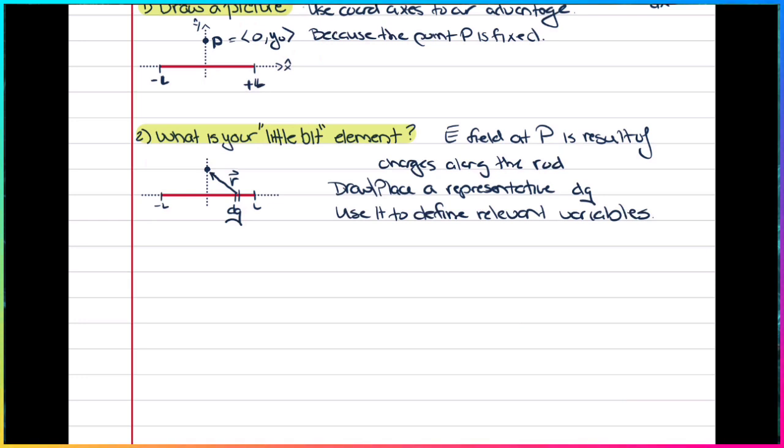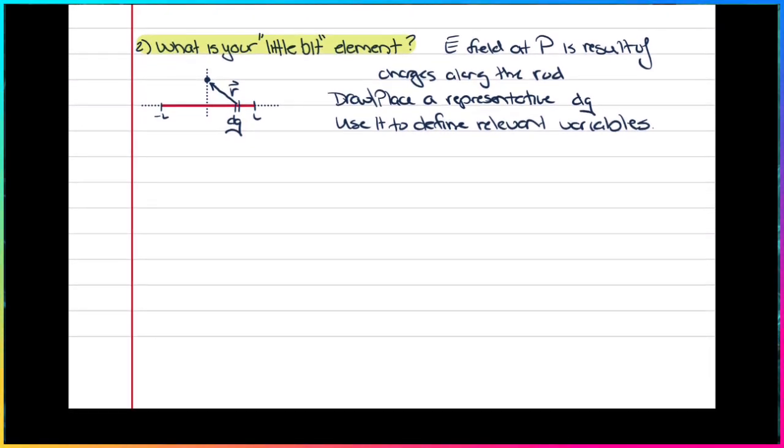But I could use another color and say have this be another dq on the rod, and that has a different value of r. So for the representative dq, we should be able to write down a general formula for the position that goes from that particular charge to the point. So if dq is at the point x comma 0, we'll have this go out to some x value.